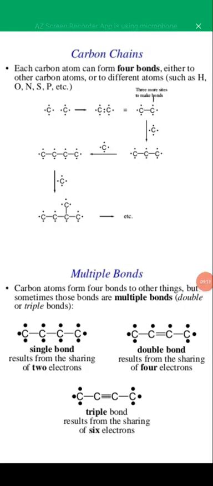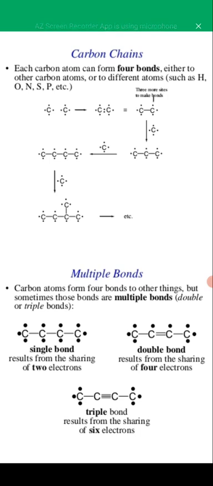Now, multiple bonds. Carbon atoms form 4 bonds to other things, but sometimes those bonds are multiple bonds, which are either double bonds or triple bonds. So you can see the single bond, carbon to carbon, and we can see the double bonds. In the double bond, you have 4, 4, which is 8.